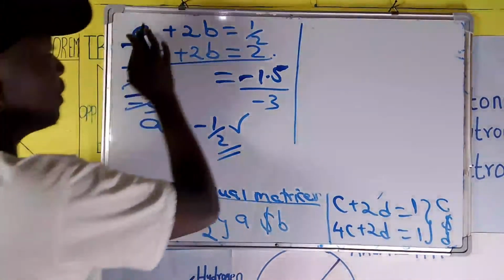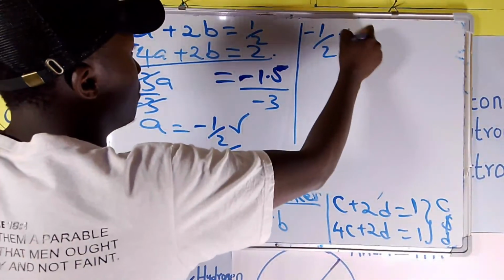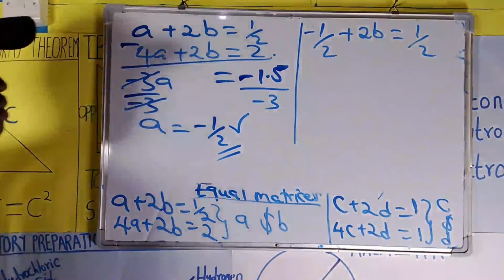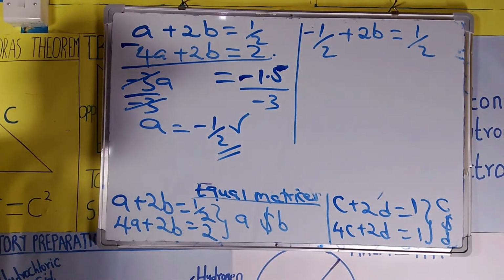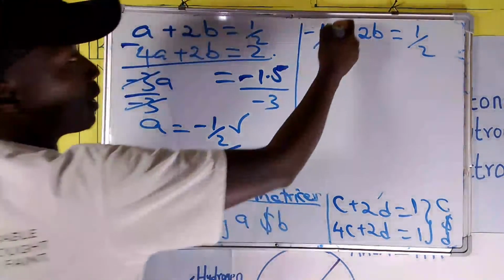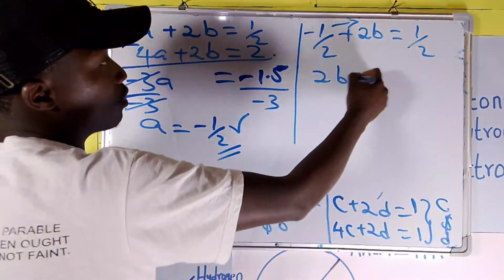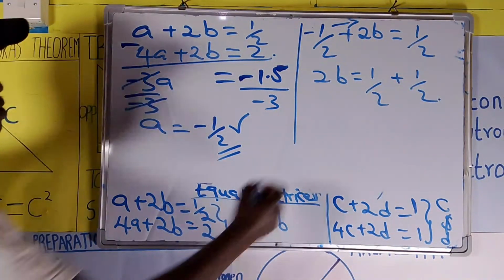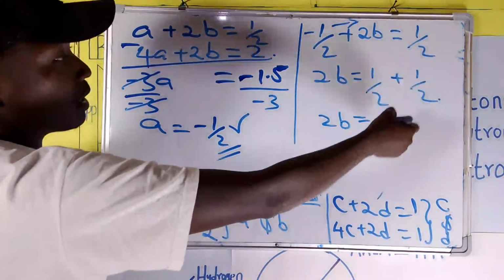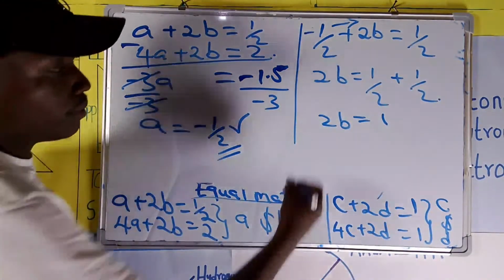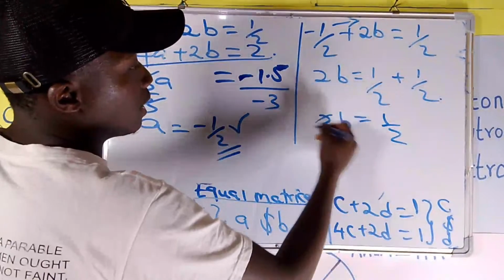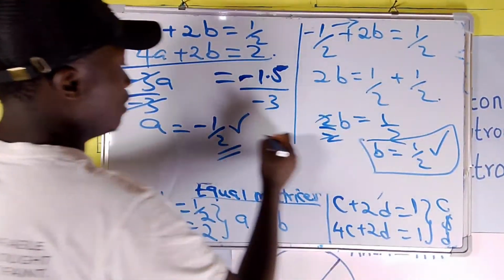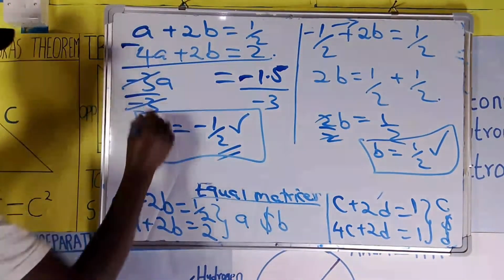So negative a half plus 2B is equal to a half. We want B alone, so 2B equals a half plus a half, which is 1. Then we divide by 2, and we get B as a half.